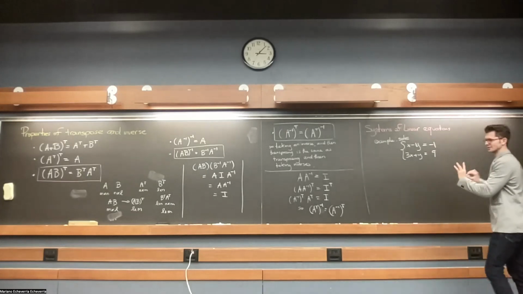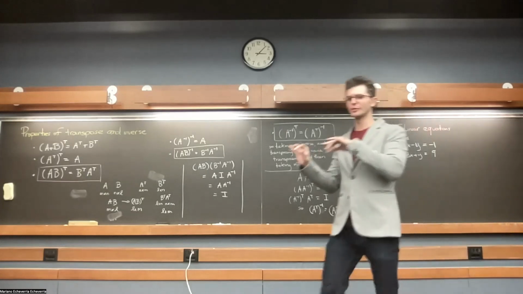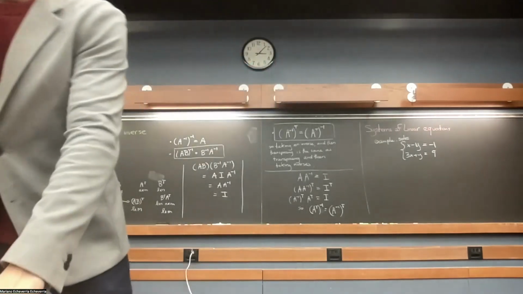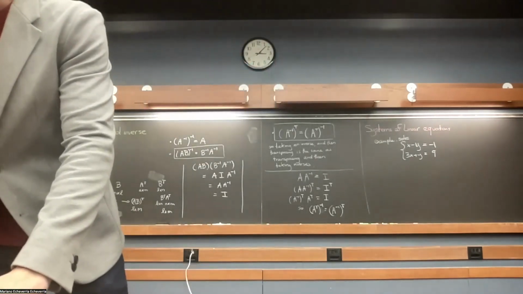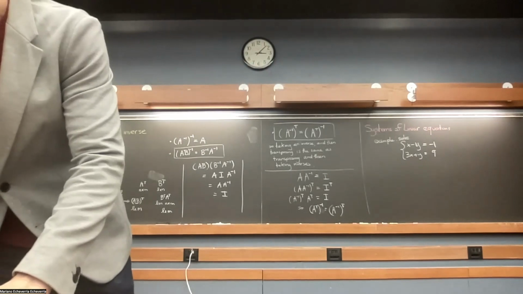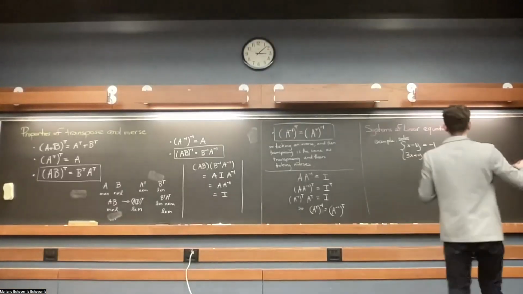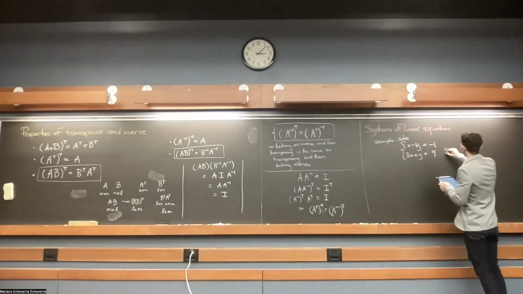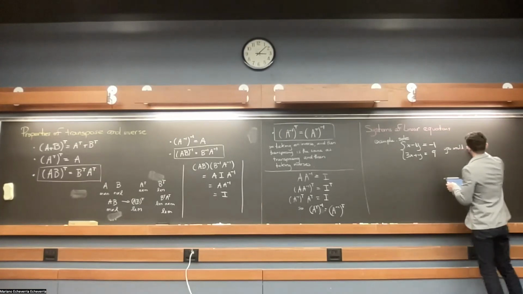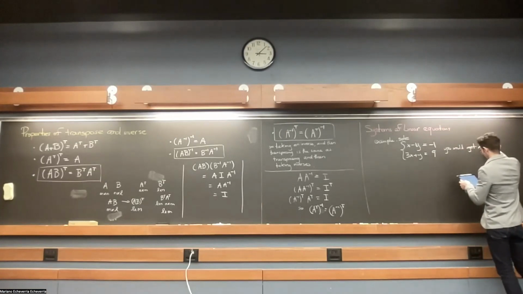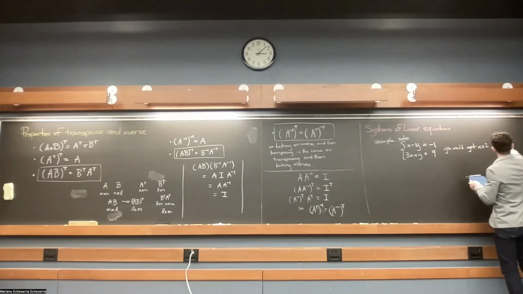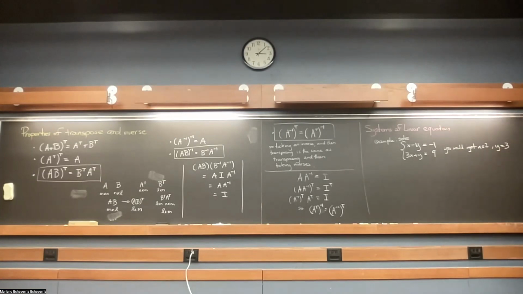But let me just say that if you were to solve it in some of these ways, the solution to this system ends up being x equals 2, y equals 3.